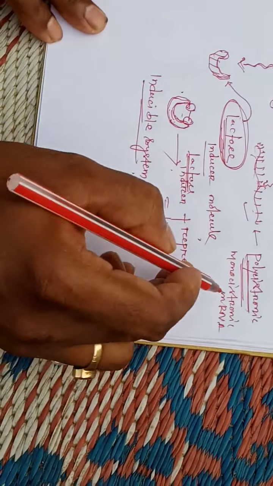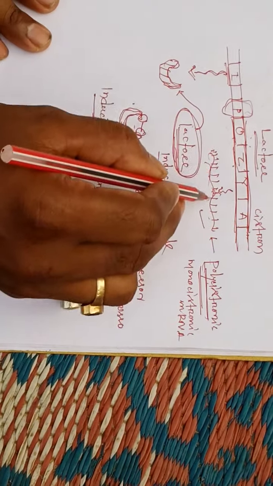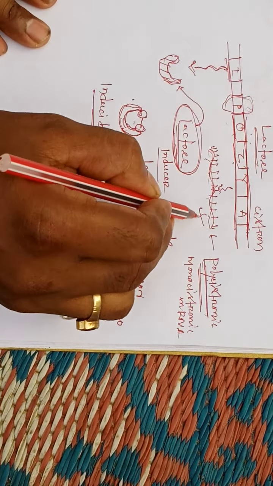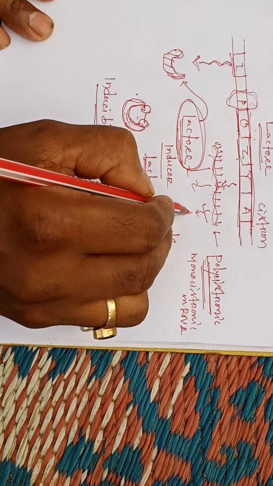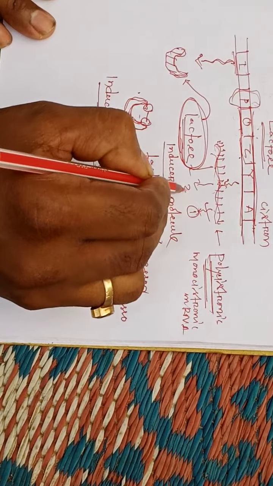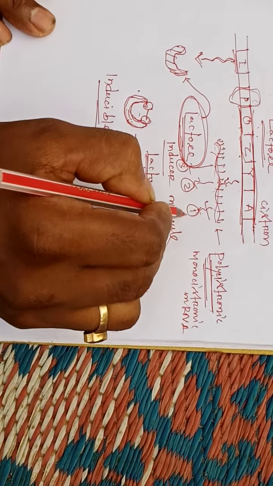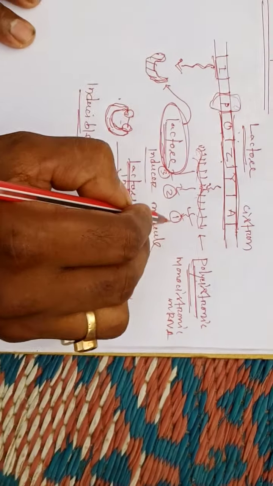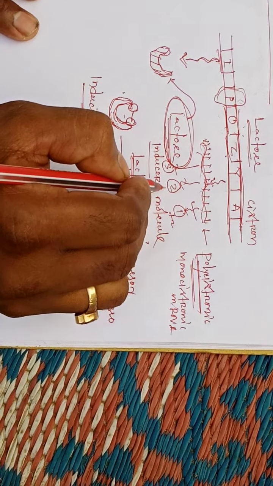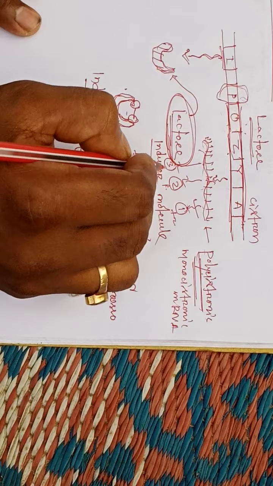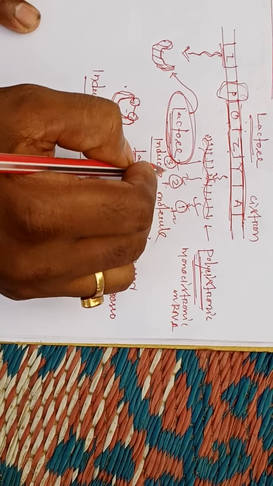After transcription, a polycistronic mRNA is produced, and then translation occurs. These three enzymes are produced: gene A codes for transacetylase, gene Y codes for permease, and gene Z codes for beta galactosidase.